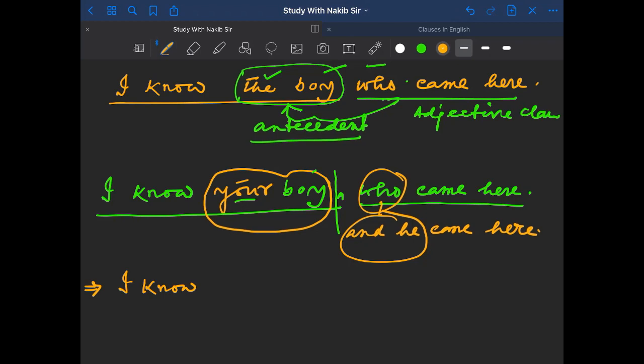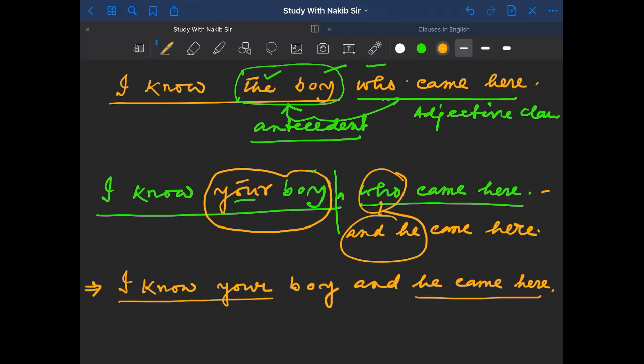So the sentence is I know your boy and he came here. This is the sentence when it is expanded. So he came here is a coordinate clause, and I know your boy is a coordinate clause, and these two coordinate clauses are coordinated by the use of the coordinating conjunction and. Okay, this is the concept of an adjective clause.